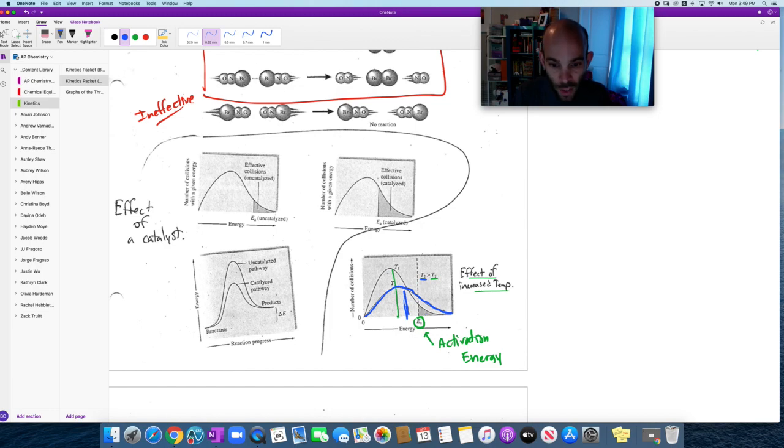Okay, so as a result, at the lower temperature, maybe you had X number of collisions, but at this higher temperature, a greater proportion of those collisions are high energy collisions, enough to get over the activation energy. So you're still having perhaps maybe even probably not the same number of collisions. You're going to get more collisions, but what's really important is a greater proportion.